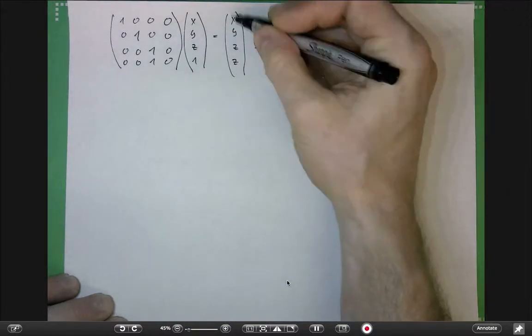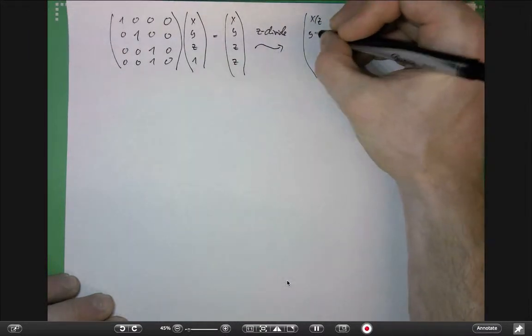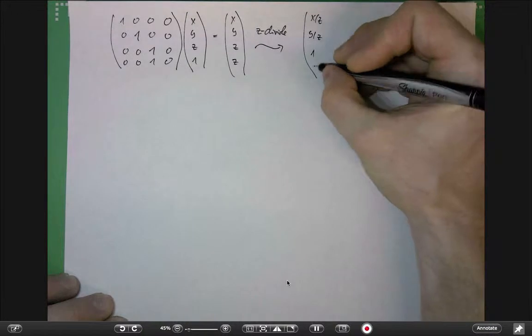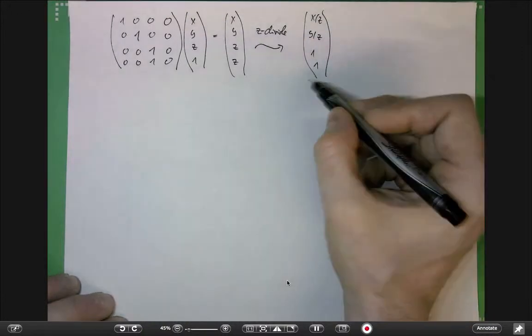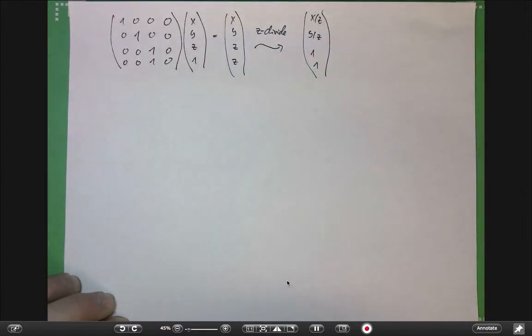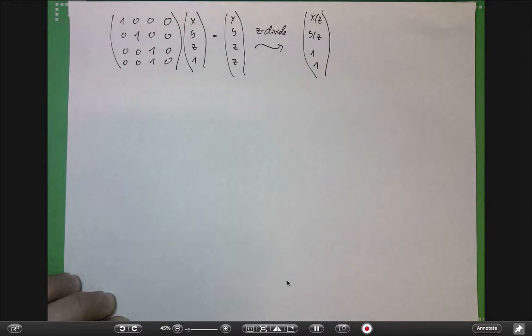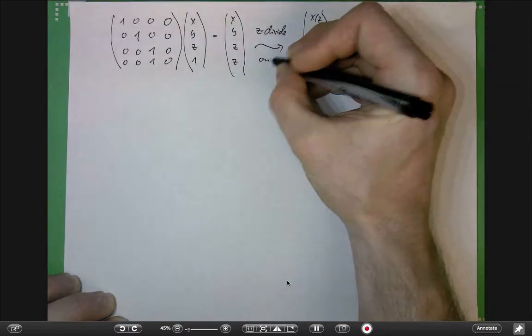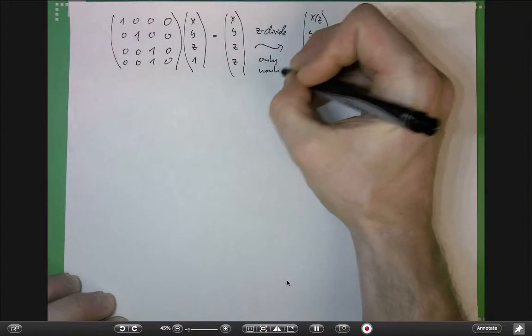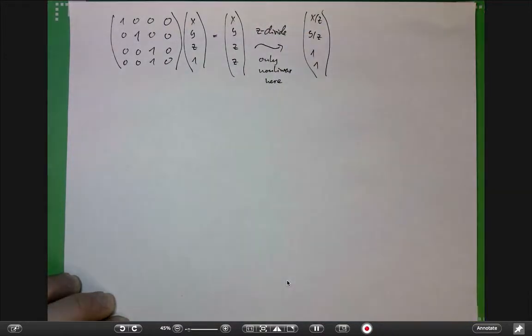Divide this entire vector by z, because then that gives me x divided by z, y divided by z, and here I get 1 and 1. So now this is a valid point. It's a point on the z equals 1 plane, and those are just the coordinates on my camera plane. So the only nonlinearity is here, and the nonlinearity is just the z divide, so it's not so bad.